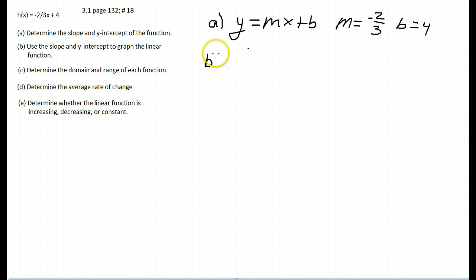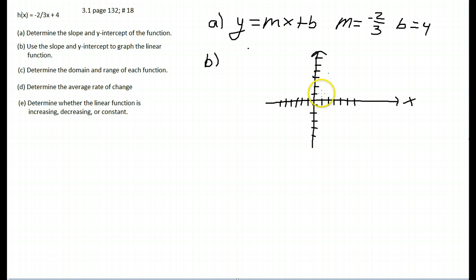So, part B, here's our y-axis, here's our x-axis, let's get a few marks on here. Alright, let's see. Why don't we graph this in green?